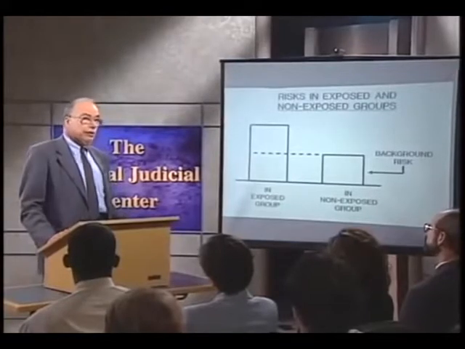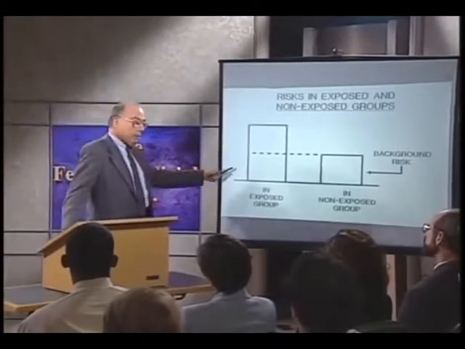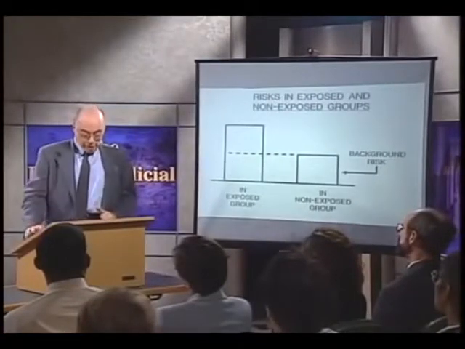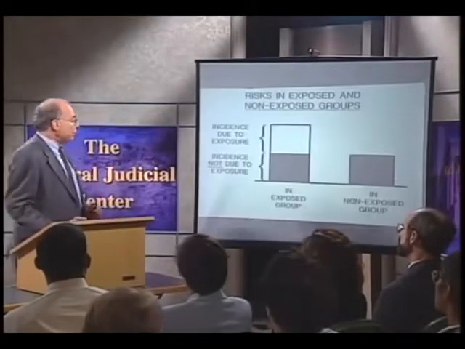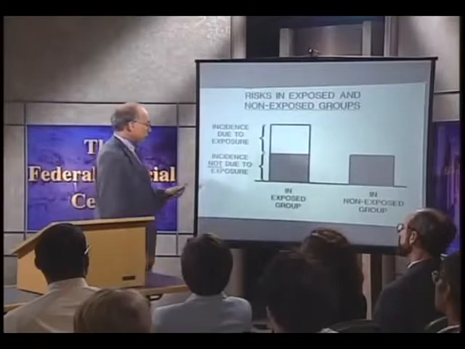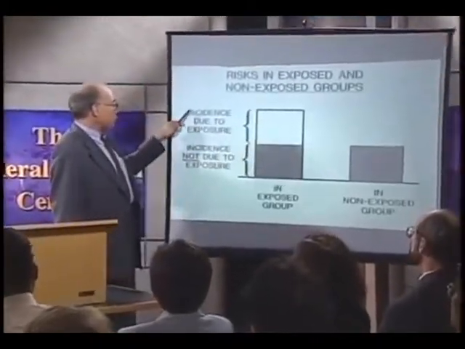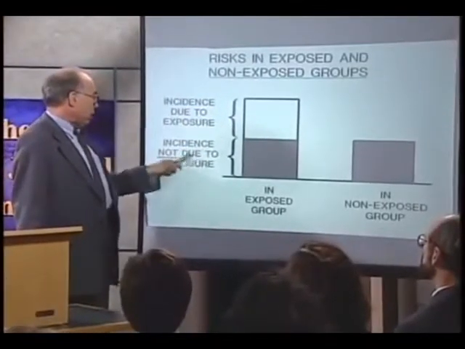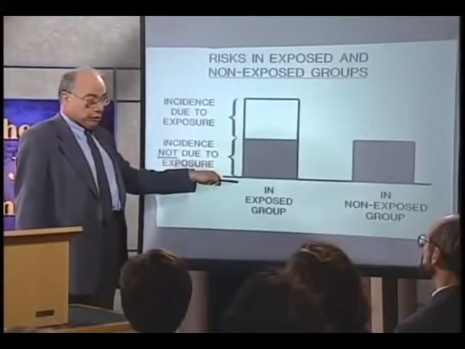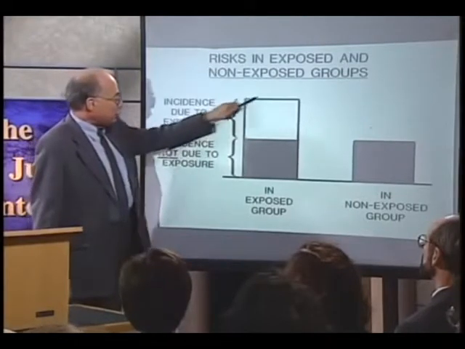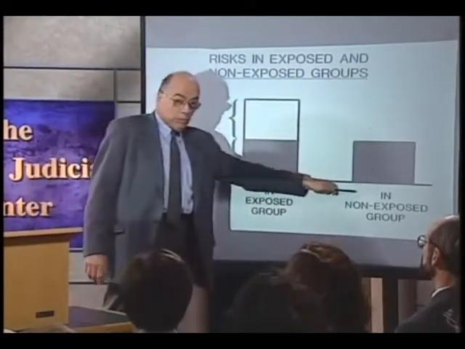Or to say it differently, in the radiated group, how much of their risk of cancer is due to their having been radiated, we can figure out quite clearly how to calculate this. The total risk in the exposed group is due to the exposure and to the background risk, not due to the exposure. The exposed people have an additional risk that the non-exposed people don't have.